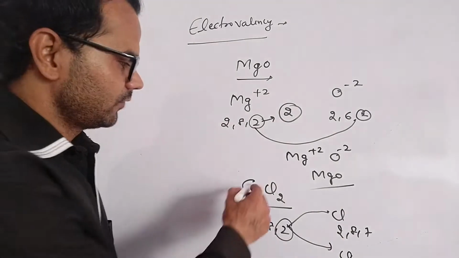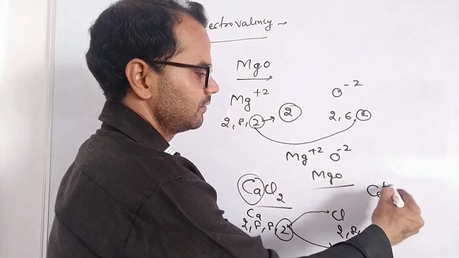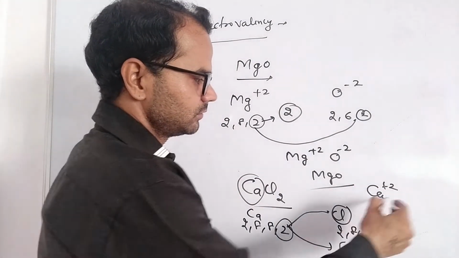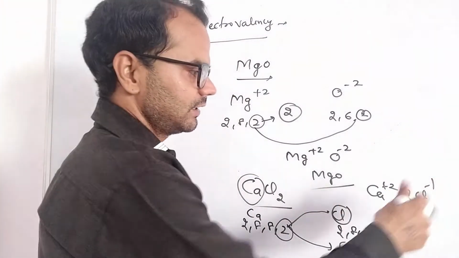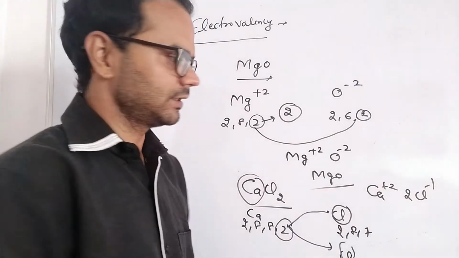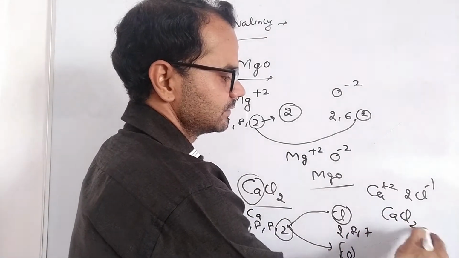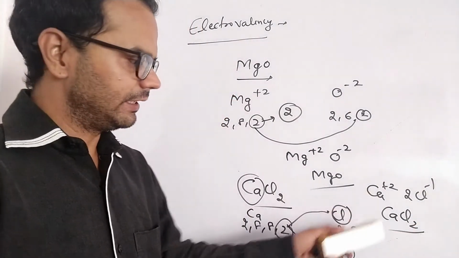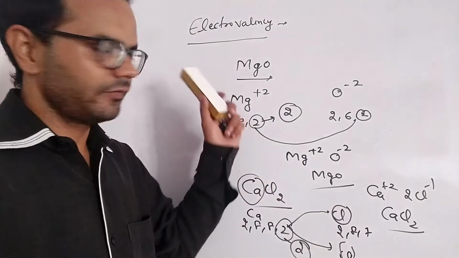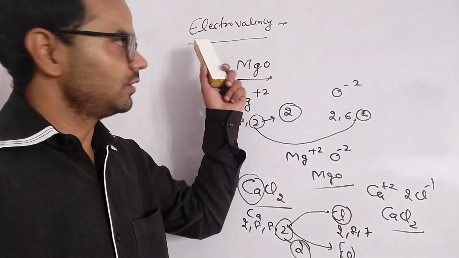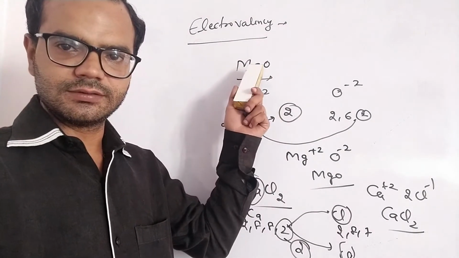As a result, it forms a divalent cation again, and two monovalent anions are formed. As a result, there is a strong electrostatic force of attraction. Calcium chloride is formed. So again, electrovalency here is 2. The number of electrons transferred is called electrovalency.